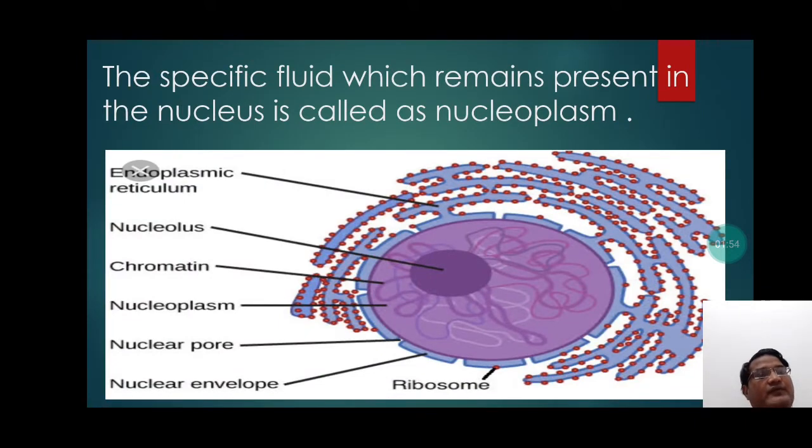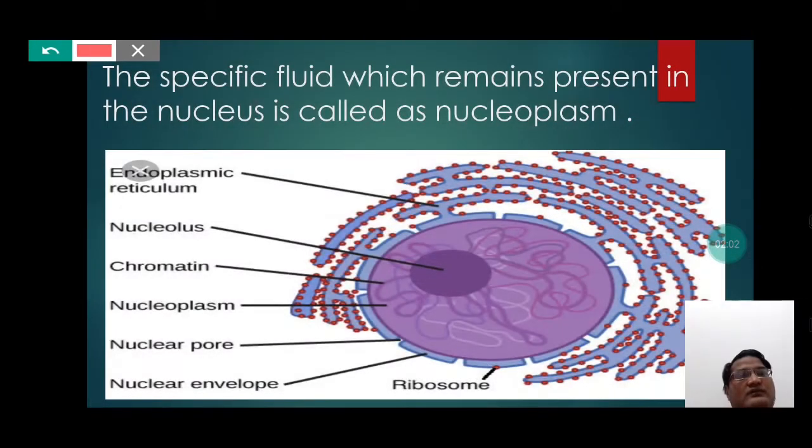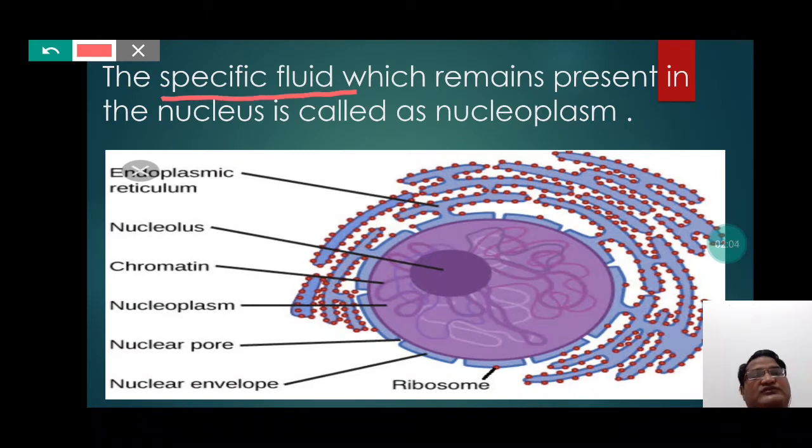The specific fluid which remains present in the nucleus is called as nucleoplasm. So students, the particular semi-jelly like fluid substance which remains present in the nucleus is called as nucleoplasm.